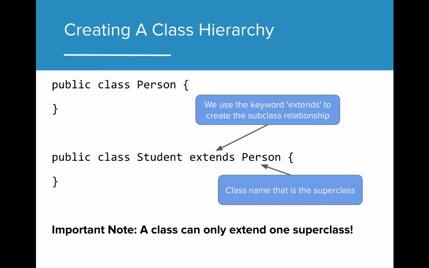To create a superclass-subclass relationship, we use the keyword extends followed by the name of the superclass. This will create the subclass. No modifications are needed to the superclass. It is important to note that a subclass can only extend one superclass.